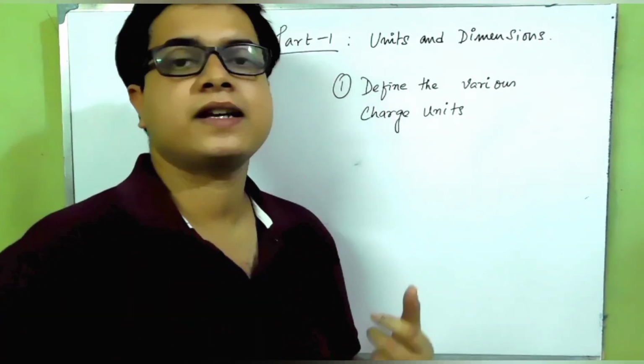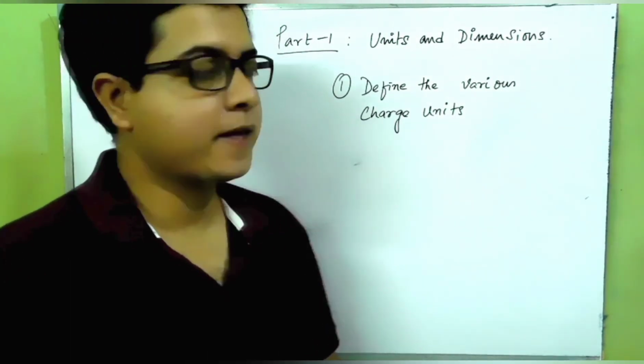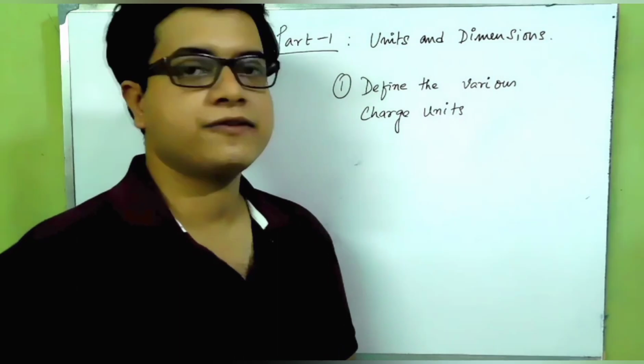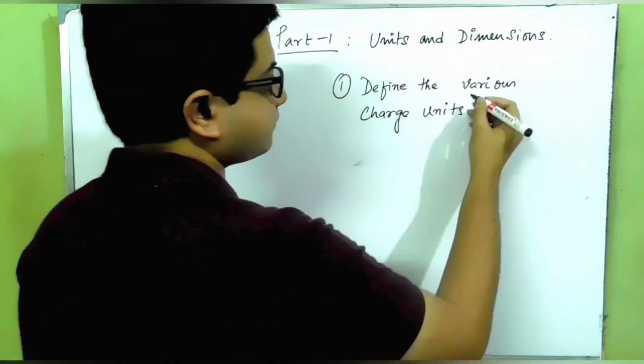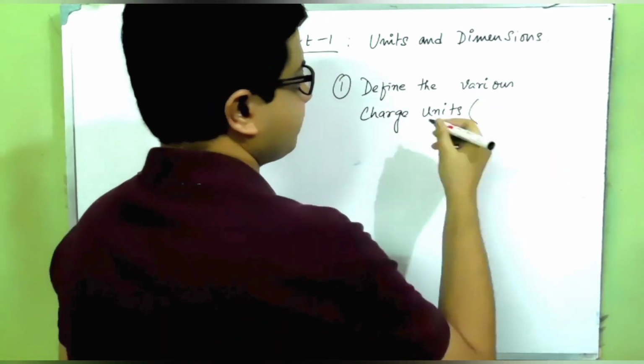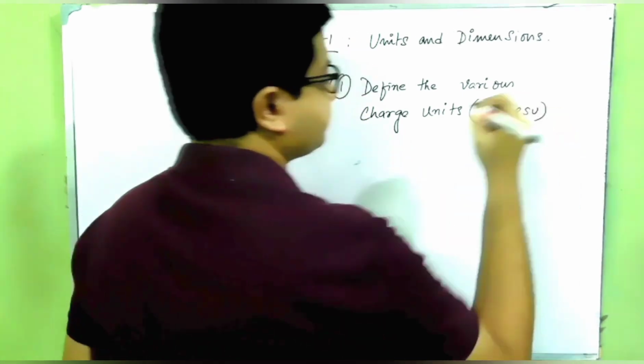In SI the unit of charge is Coulomb, and in CGS it is ESU. So first we are going to define what is 1 Coulomb and what is 1 ESU.